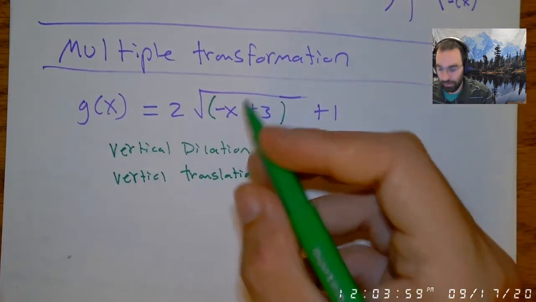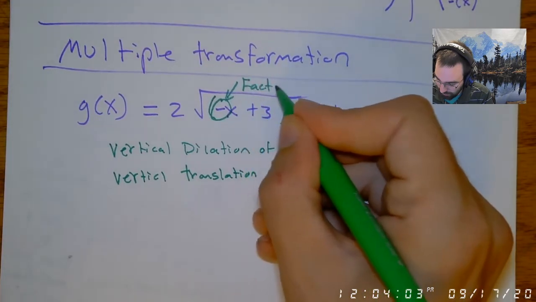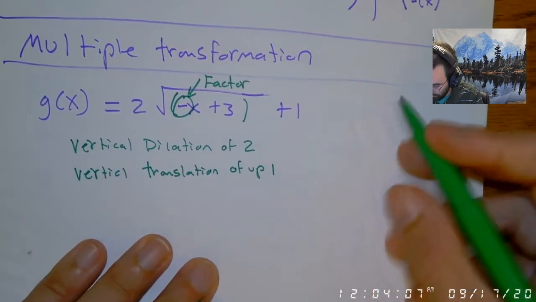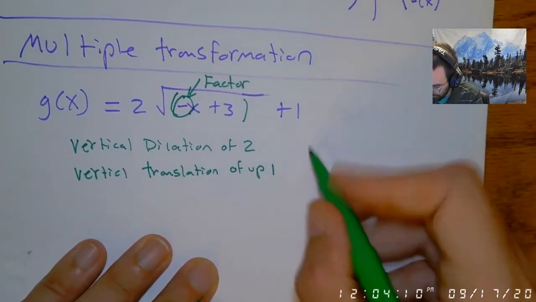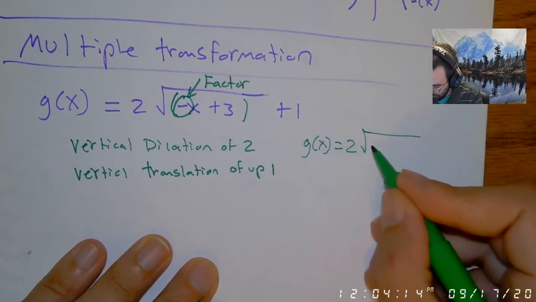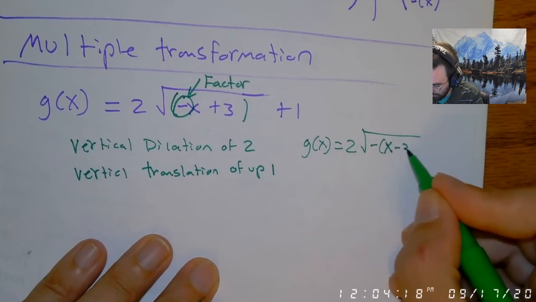Now on the inside, notice, boom, right here, we got to factor that. So I'm going to go over here to do my work. To factor that, I'm going to pull out the negative. I'm going to have positive x minus 3.